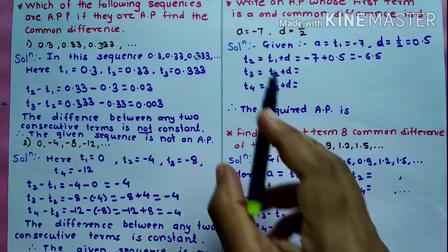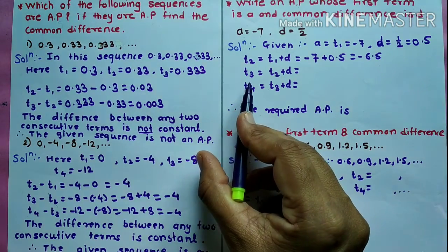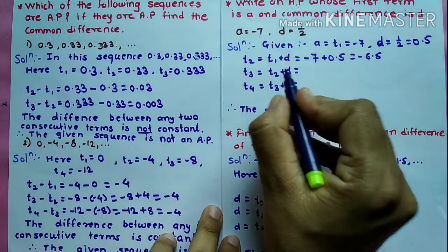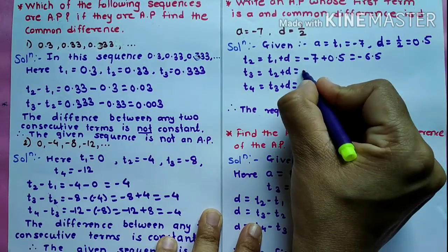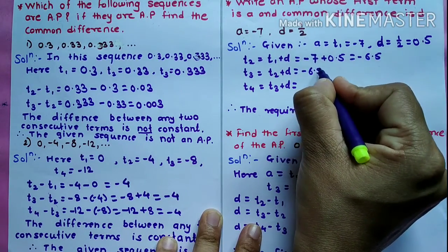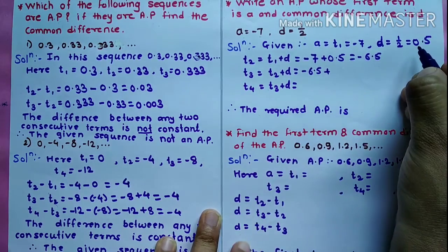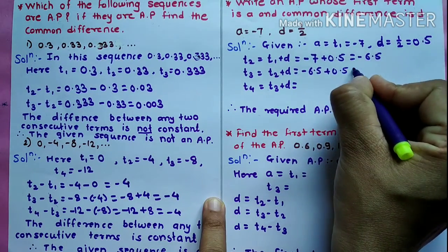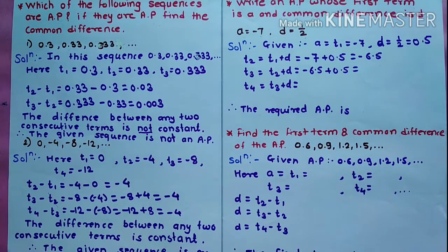Now find the next term, T3. T3 equals T2 plus D. So substitute values. T2 is -6.5 plus D, which is 0.5, equal to -6.